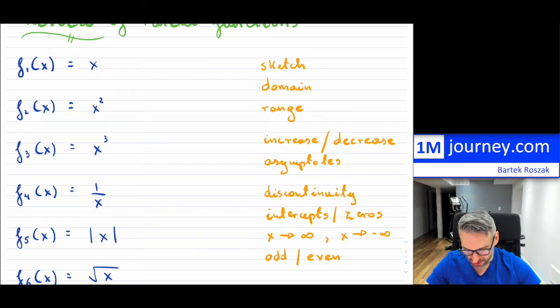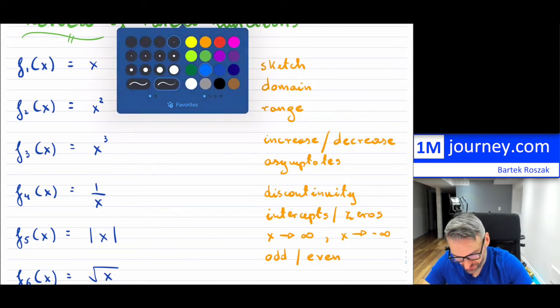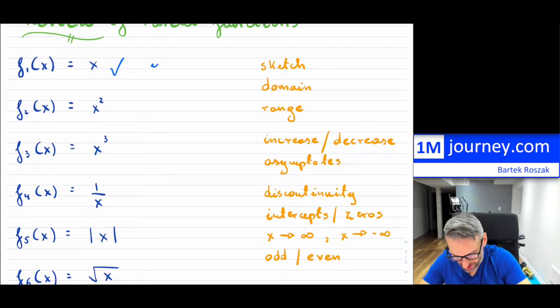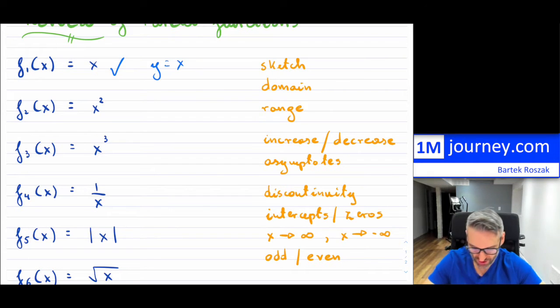For the first one, that's as simple as it possibly gets. This is really y equals x, which is just a straight line with a slope of 1. So sketching it is very simple in this particular case.